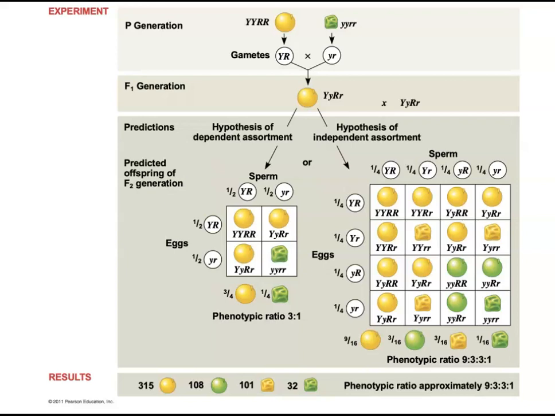So they would be inherited as packets like this by the F1 generation, and then when the F1s were crossed to create F2, the gametes would still be packaged together. Look at the Punnett square on the left. Notice the gametes, big Y, big R, and little y, little r, the very same as the parental generation gametes. No independent assortment has occurred.